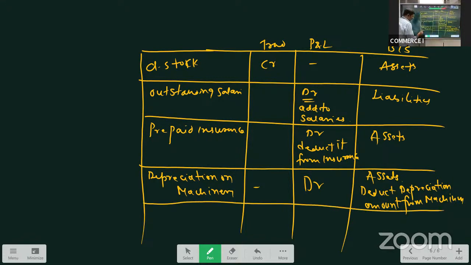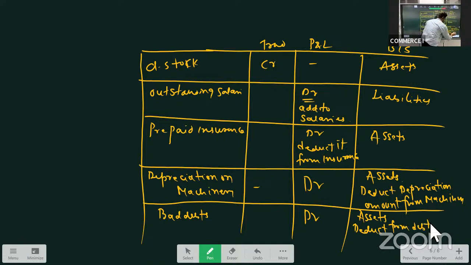Okay, then bad debts. Bad debts is given as adjustment. It will appear on the debit side of P&L account. Then asset side, what do we do? We deduct from debtors. Right? So these are the 5 adjustment entries, and I have shown you what are their effects.